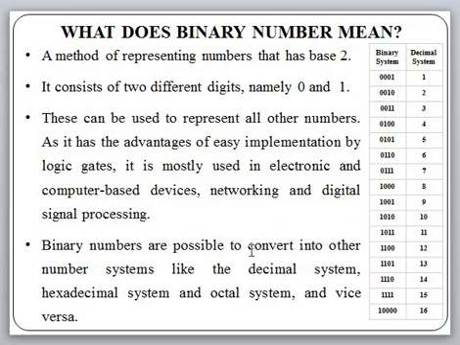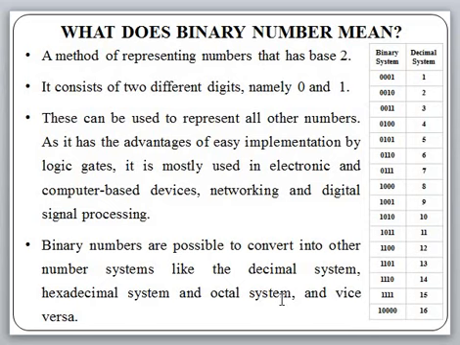Once a binary number is available, it is possible to convert it into other number systems like the decimal number system, where the base is 10, or the hexadecimal number system, where the base is 16, or the octal number system, where the base is 8.